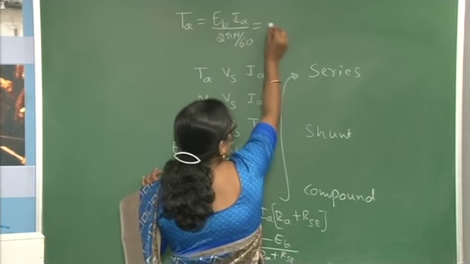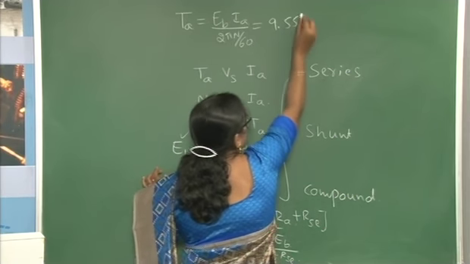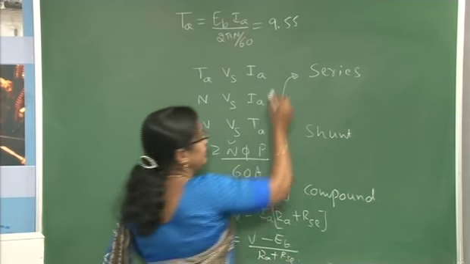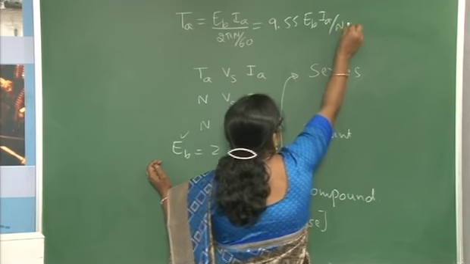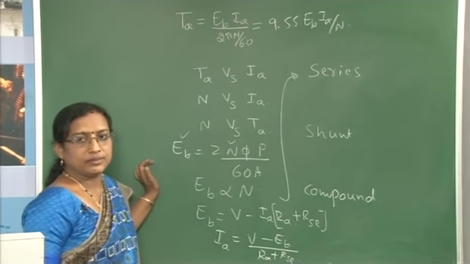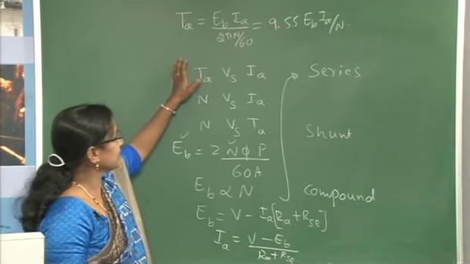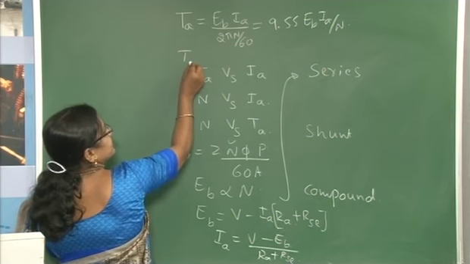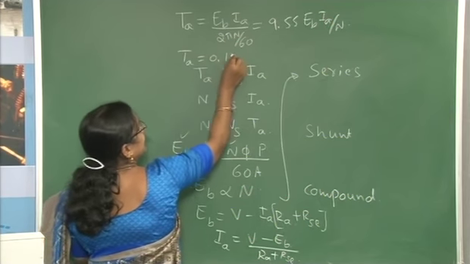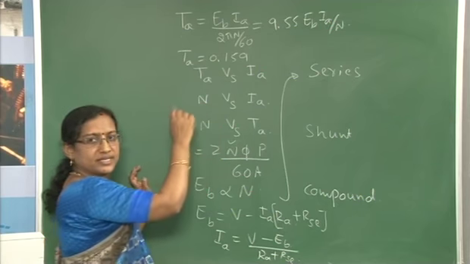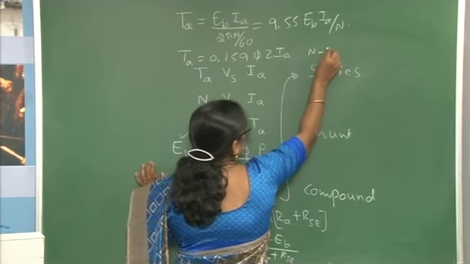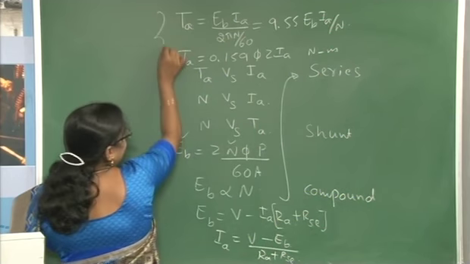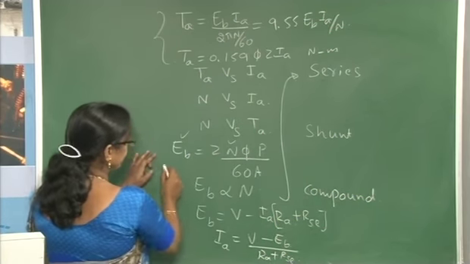That is, TA is 9.55 times EB IA divided by N. And there is one more equation for TA, that is 0.159 phi Z IA in Newton meter.